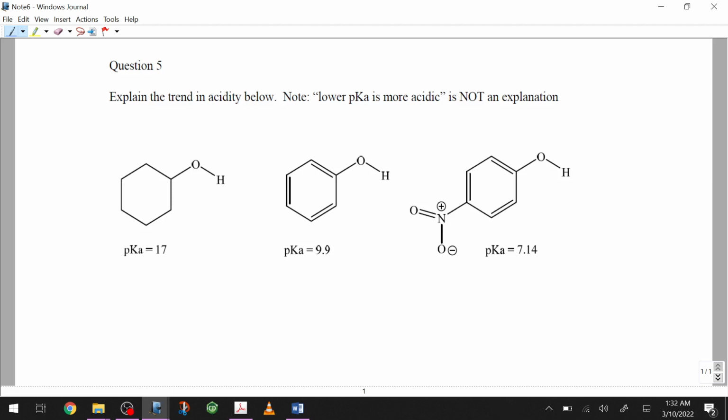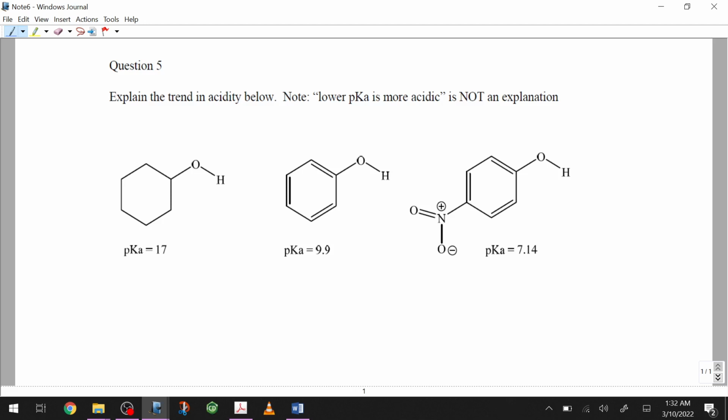In all these cases, the hydrogen in question is attached to an oxygen. So both the atom and the orbital part of this are identical for all three structures. The oxygen is sp3. It has the same two lone pairs of electrons.